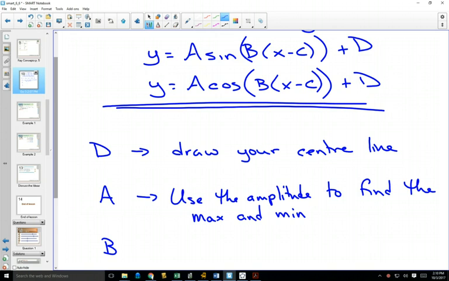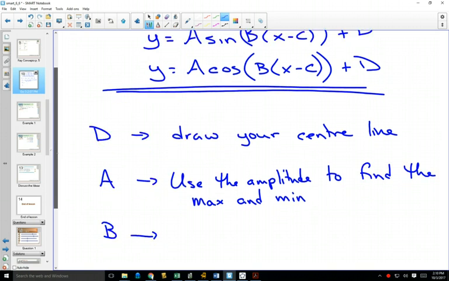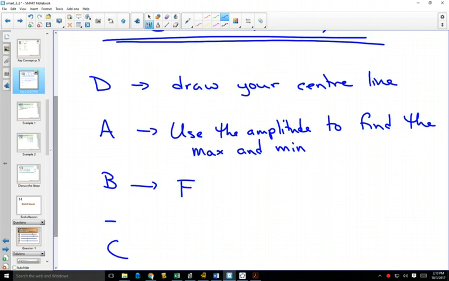What does the B value help us find? Right. So every time we've done a graph so far, we found the period, and then we divided it into 4 different parts. So we're going to find the period, and remember that our formula for the period is always 2 pi over the B value.